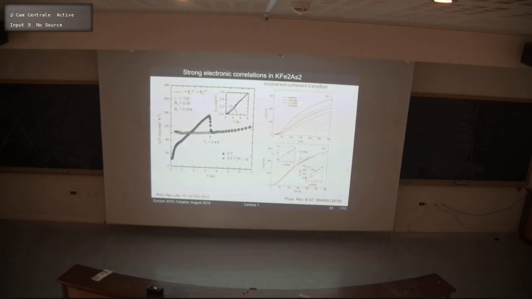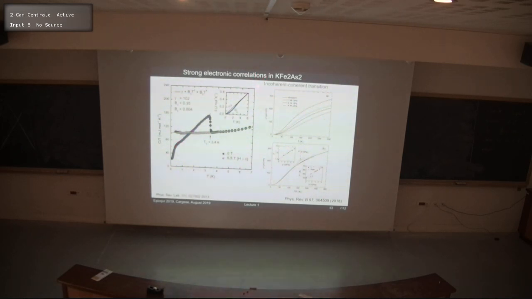And then let's look at another example, where I mentioned earlier potassium iron arsenide. So this is the hole-doped member of the 1-2 family. The specific heat has an extremely large value. This is about 100 millijoule per mole, which suggests that there are very strong correlations, very close to what one might find in a heavy fermion system.